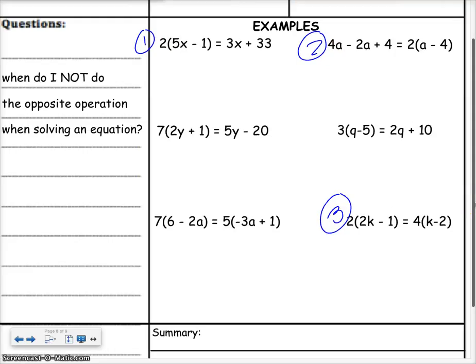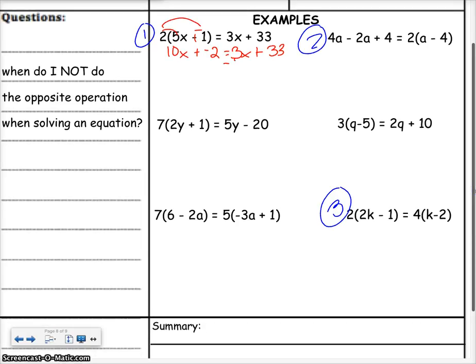Okay, so the first thing I would do is plus a negative, of course, and then I would distribute. So 2 times 5 is 10x. Plus a negative 2 equals 3x plus 33. I don't need to combine like terms on either side, so now I'm going to move my variable to one side, minus 3x. And you get 7x plus a negative 2 equals 33.